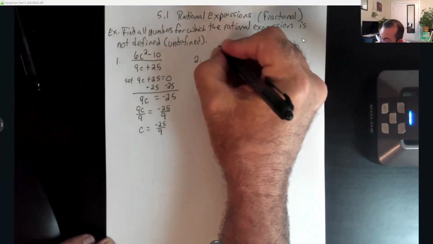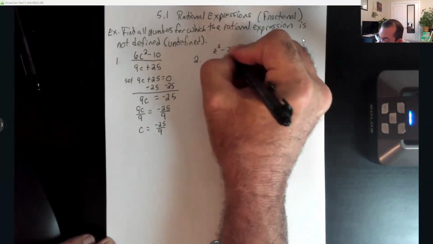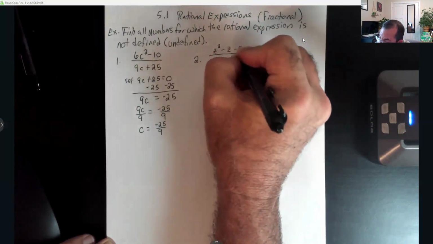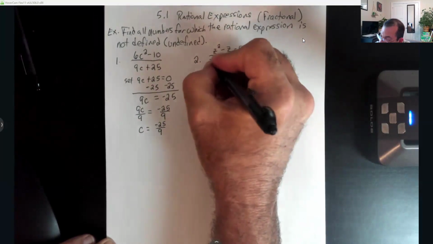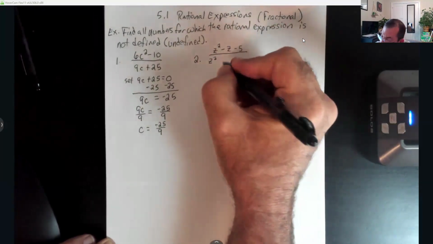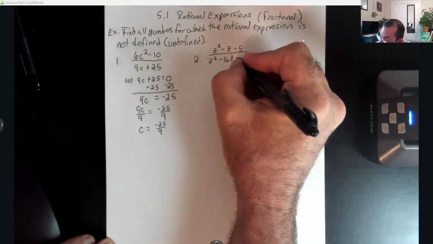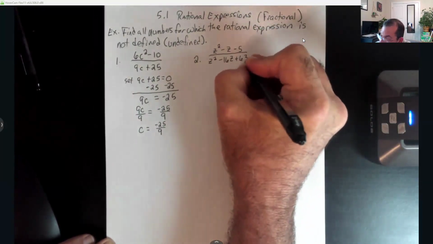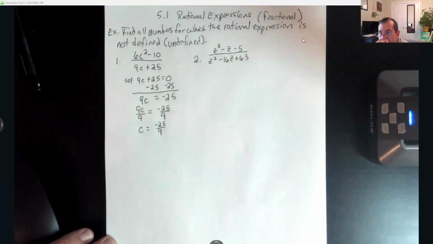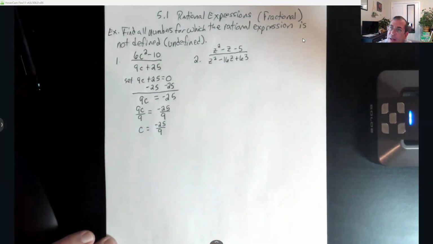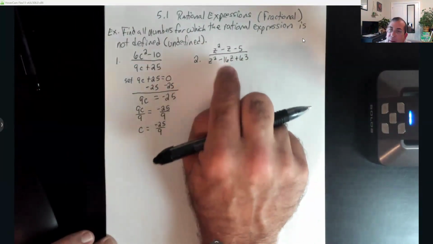Now the second one, I got a z squared minus z minus 5 over z squared minus 16z plus 63. So here's the difference from earlier when we did domains back in chapter 2.